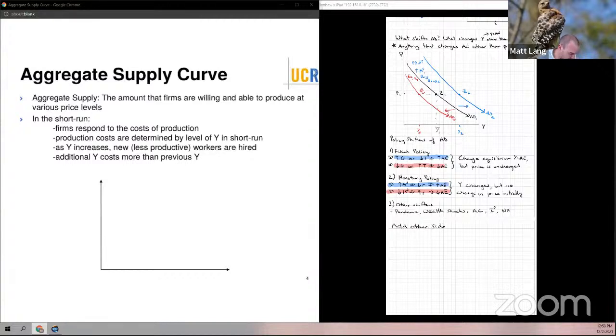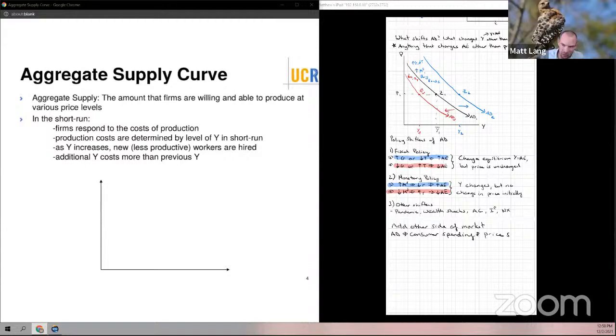Now, we don't need to spend a ton of time on this, but what we can say is that our aggregate demand curve represented consumer spending, right? So it said, hey, when the prices are a certain amount, this is how much people are going to spend. That's where Y equals AE. We're going to get this AE amount, right? So spending and output will be in equilibrium at these particular price and Y combinations, okay?